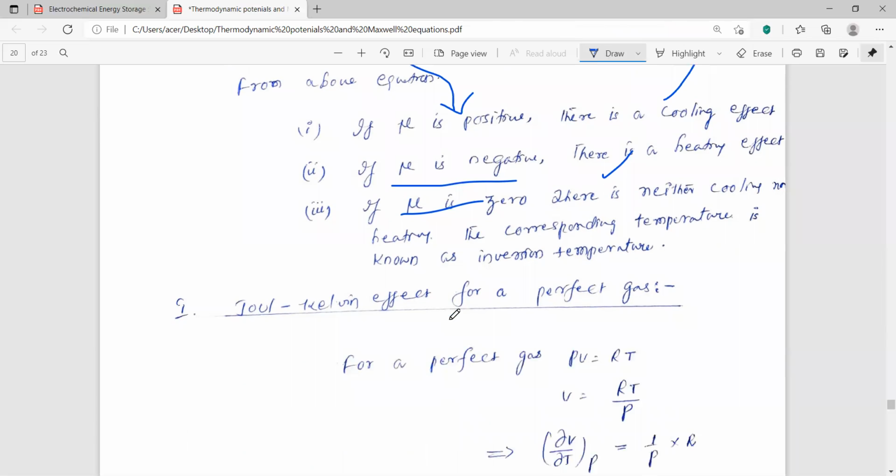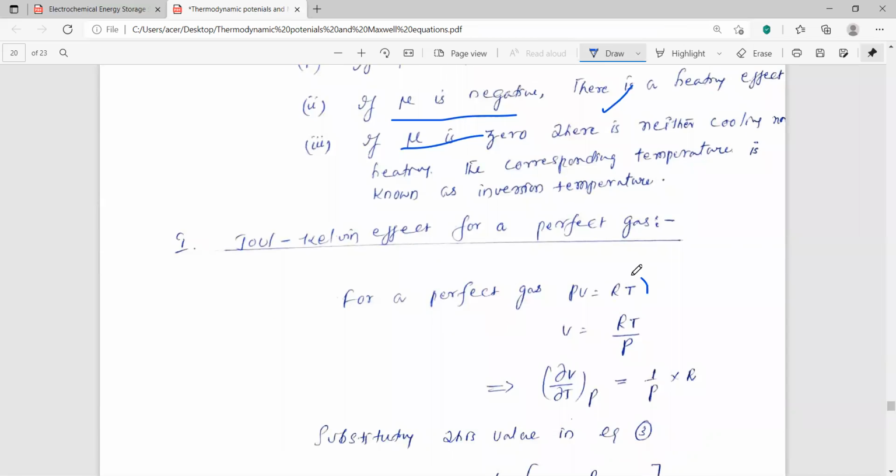Okay, now if a perfect gas is subjected to the Joule Kelvin effect, what will happen? So, the Joule Kelvin effect for a perfect gas. If you allow the perfect gas to pass through the porous plug from a region of high pressure to a region of low pressure, what will happen? What is the equation for a perfect gas?